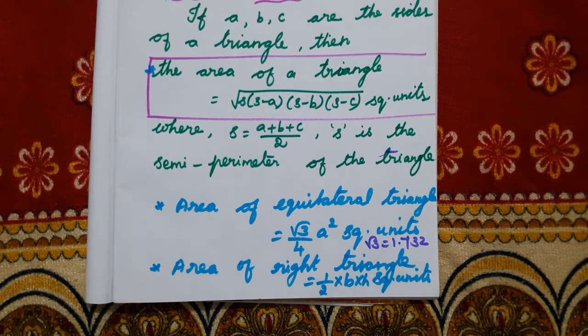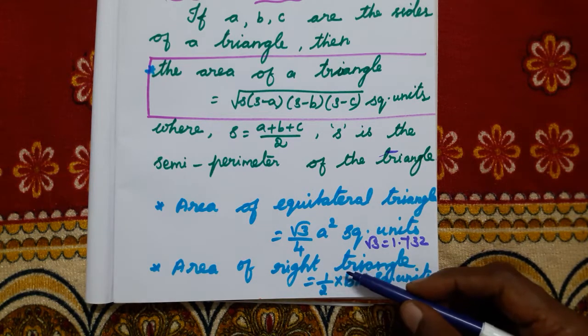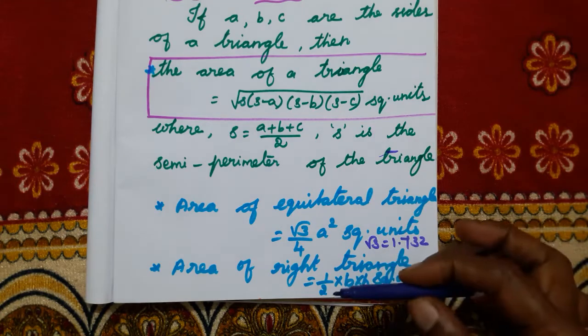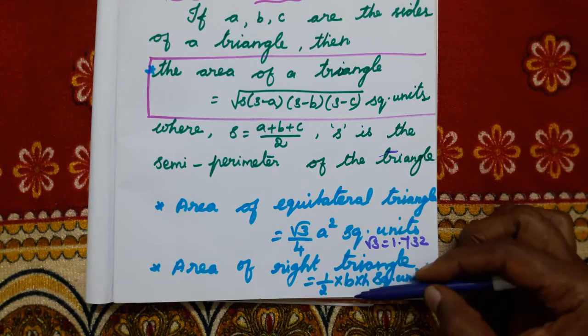Next, what is the area of a right triangle? Area of a right triangle is equal to half into base into height. This formula you have already learned. In a scalene triangle also you can use the same formula if we know the base and height.